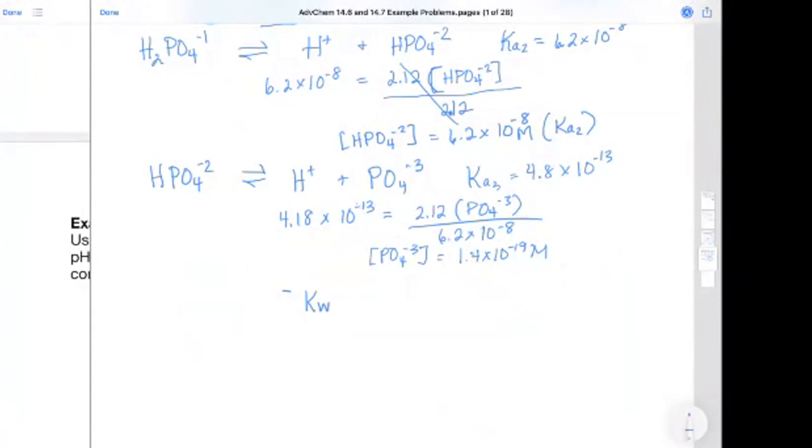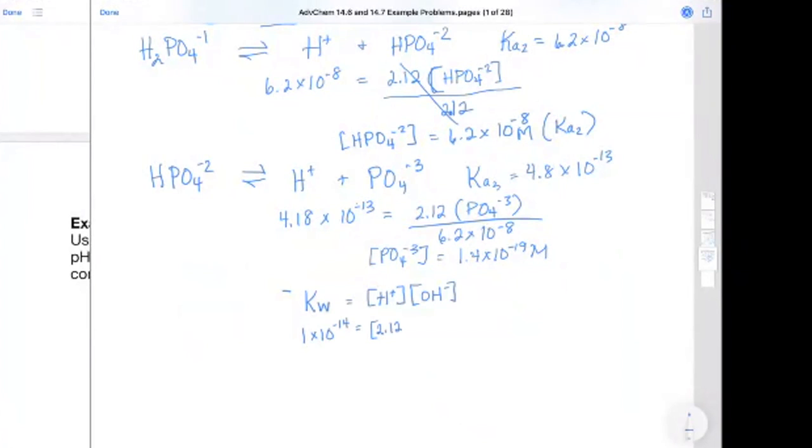So it also asks us to find the hydroxide ion concentration. So here's where the Kw comes into play. Remember, Kw is hydrogen ion concentration times hydroxide ion concentration. We know the Kw for water is 10 to the negative 14th.